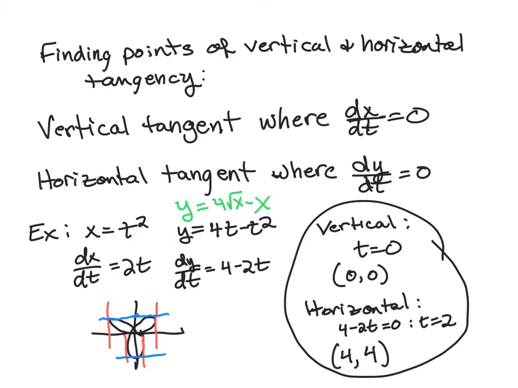So let's see if we can graph this thing. Let me erase what I did here and actually work a problem. So from what we've done so far, we already know that we have a point at 0, 0 when t equals 0, and we have a point at 4, 4.